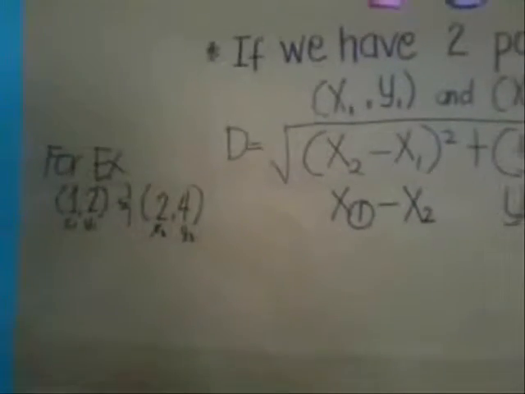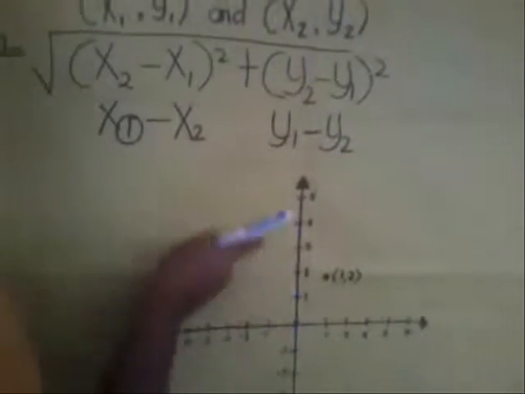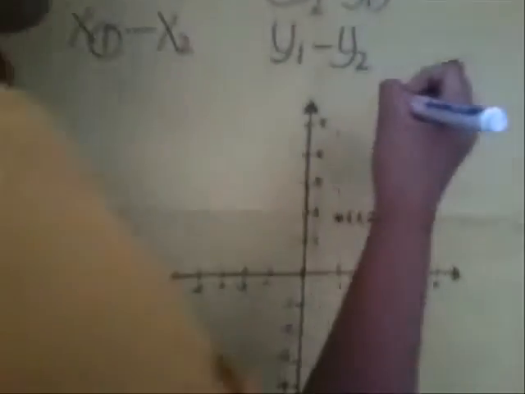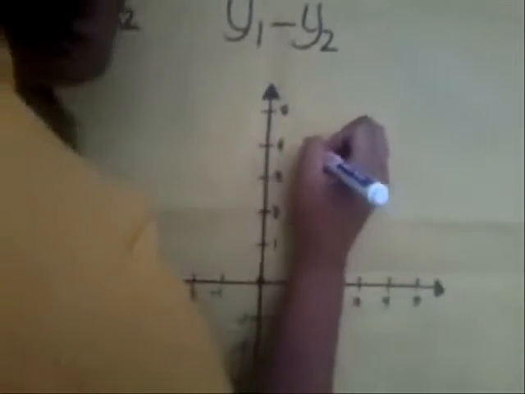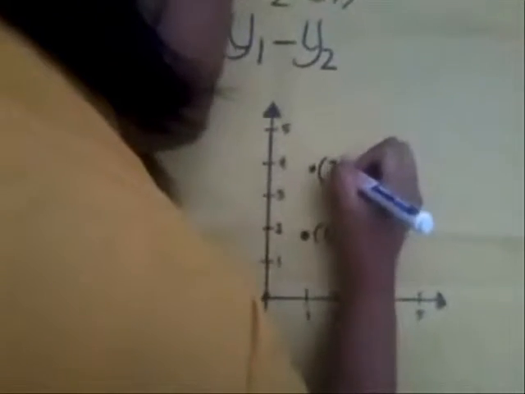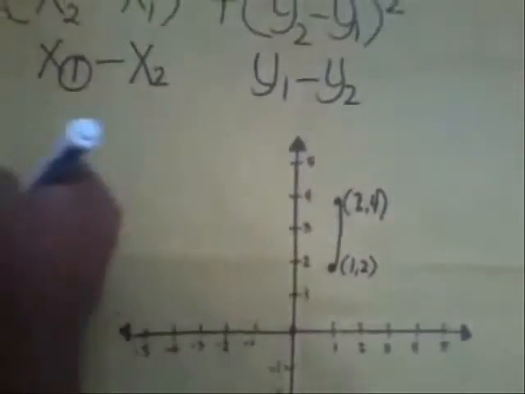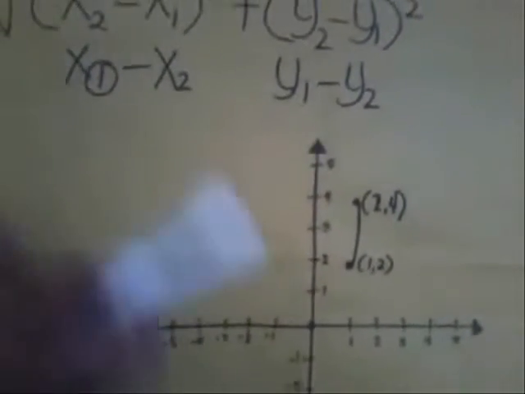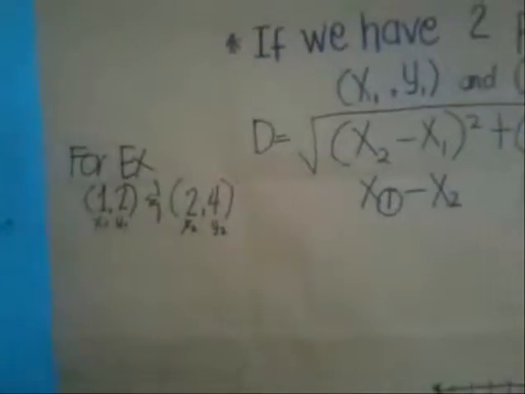And next, since 2 is located in the x-axis and 4 is located in the y-axis, the location of the point is here. After plotting the points, let us now compute the value of the distance between these two points.